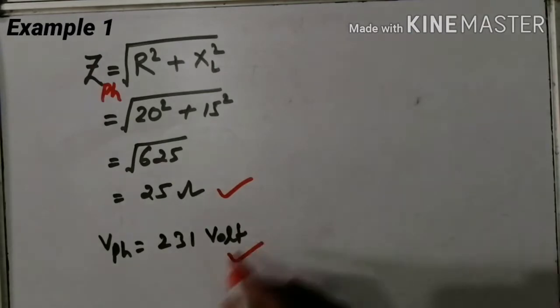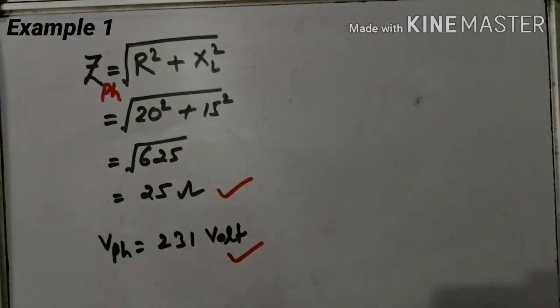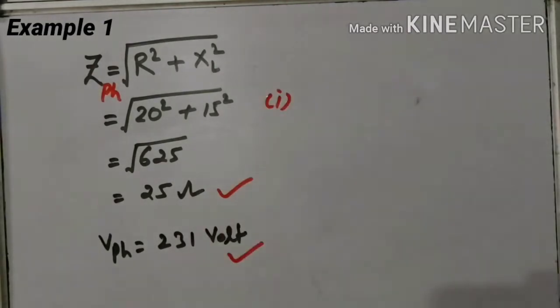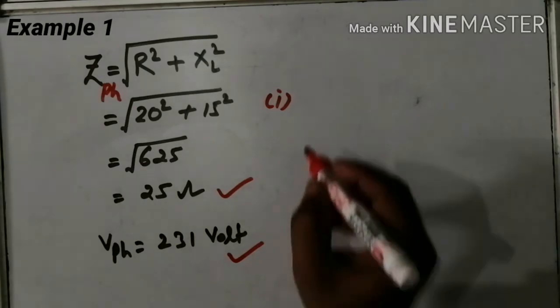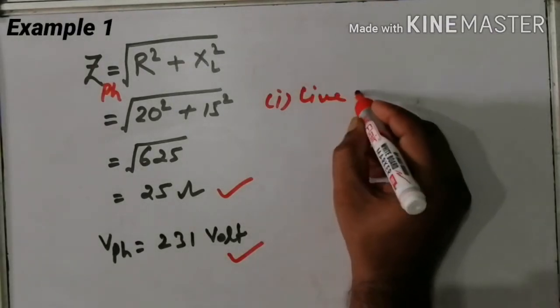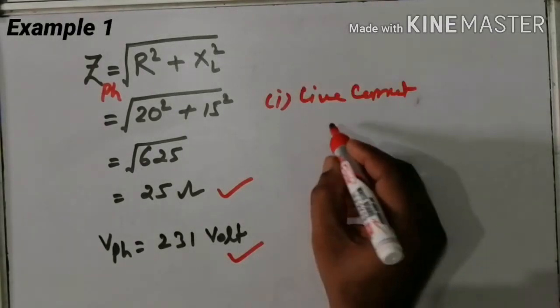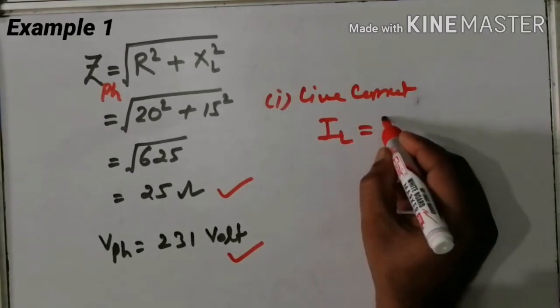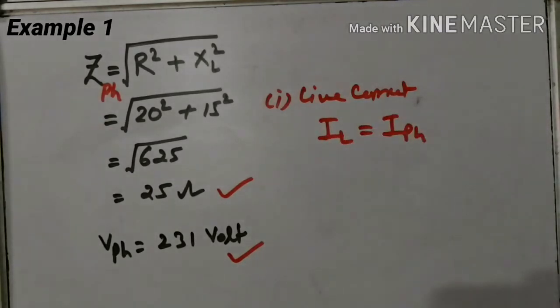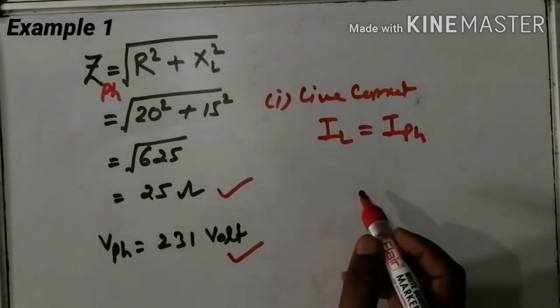So with the help of phase impedance, that is ZPH, and VPH, we can calculate the first part, that is your line current, right? Line current is IL, and the value of the IL is equal to the phase current. Why is it so? Because we are discussing the star.